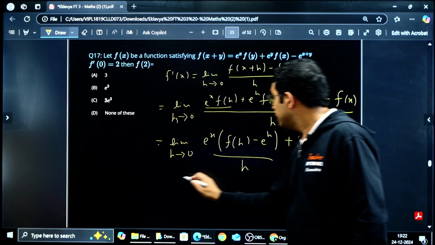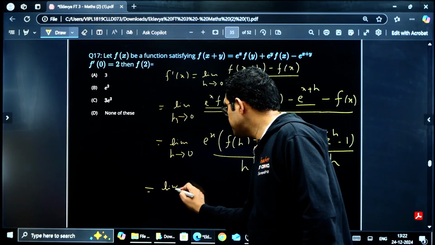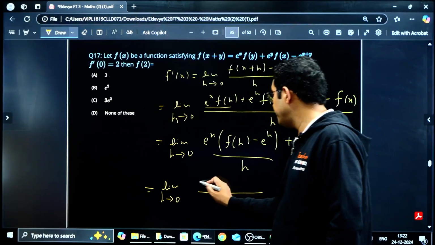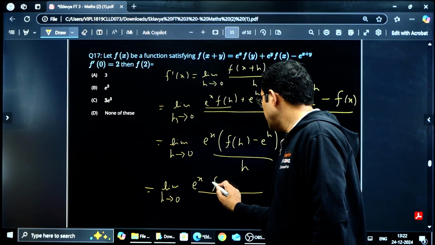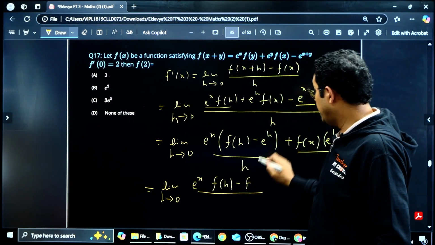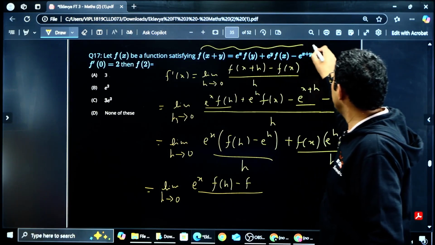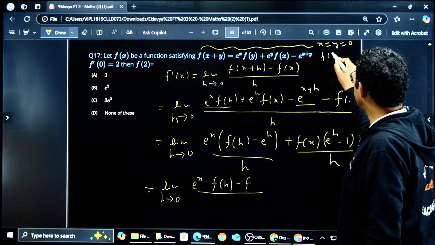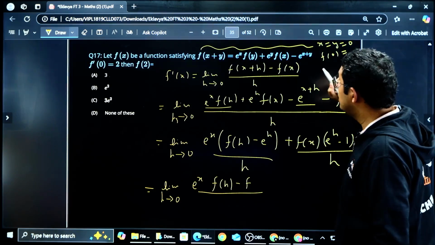And here again I will use some standard limit only, not LH, because I'm not sure of the function being differentiable. So e power x outside, I will write f of h minus. One more thing before I write this step here: if you put x equal to y equal to 0 here, you can check f of 0 is coming out to be equal to, I think, 1.